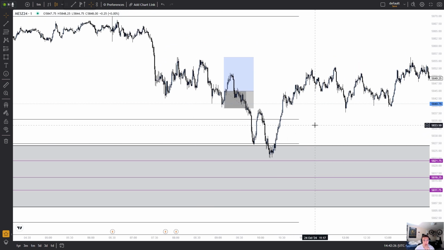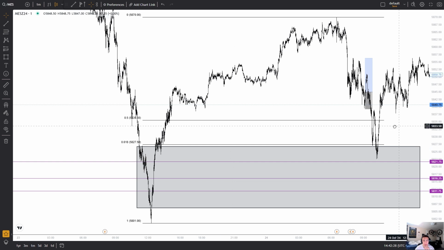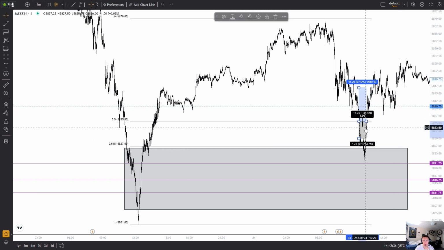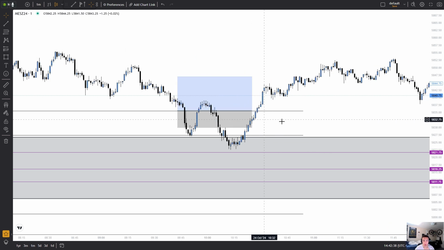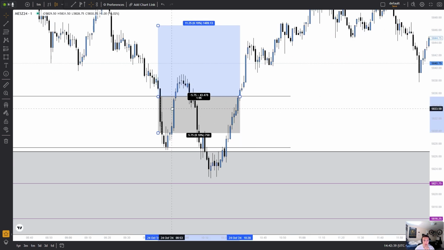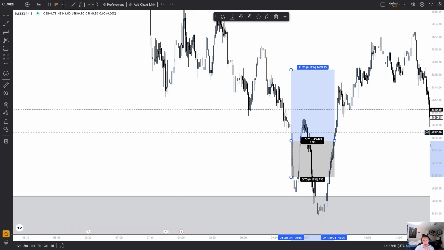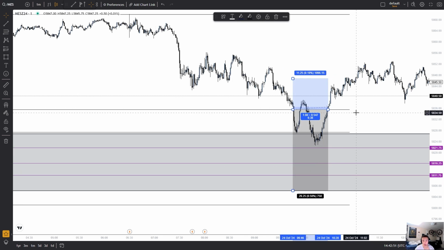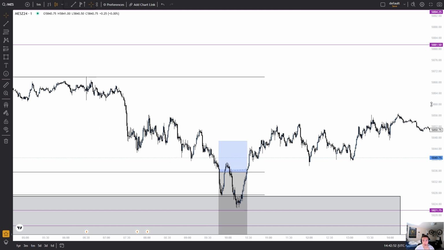A more optimal trade would have been limit buy orders here at our 0.5, at our equilibrium, and then limit buy orders here. So we would have been entered into our trade here. As far as stops, this would have been a hard stop loss to have, and quite risky.